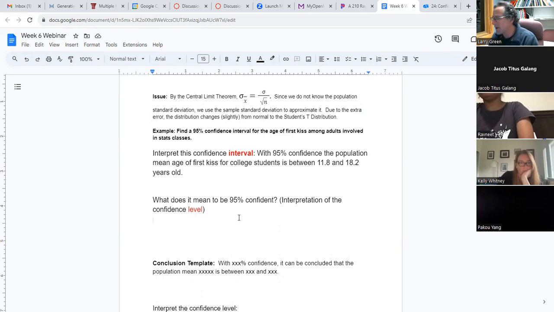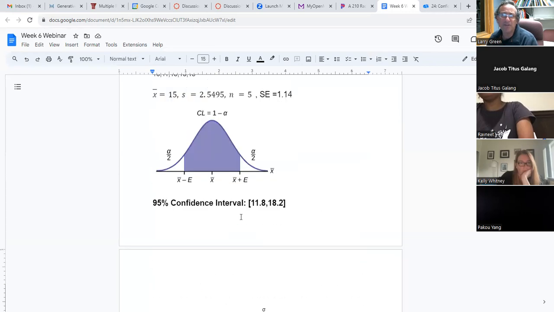Okay, so now what you want to think about is being in the business of creating confidence intervals. So maybe you are a professional researcher, or maybe you are in charge of a big news company, or maybe you're in charge of Gallup poll or something like that. So if you're in that business, you're going to be doing lots and lots of confidence intervals. And if we think about our confidence interval that we got, this 11.8 to 18.2, it may or may not be successful.